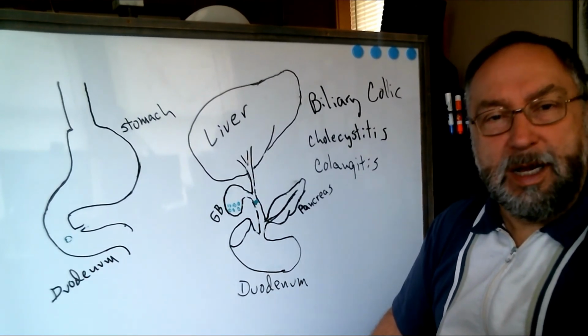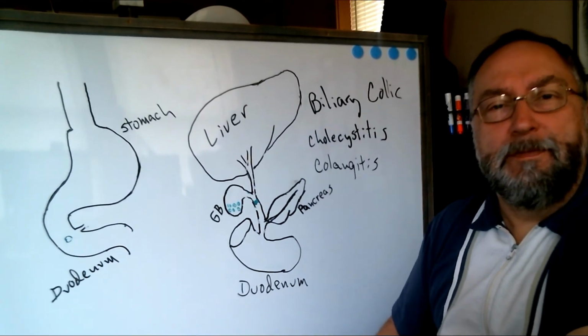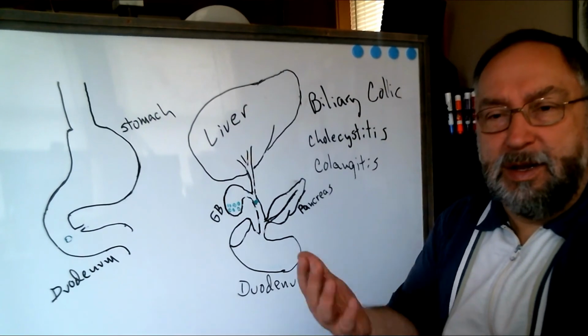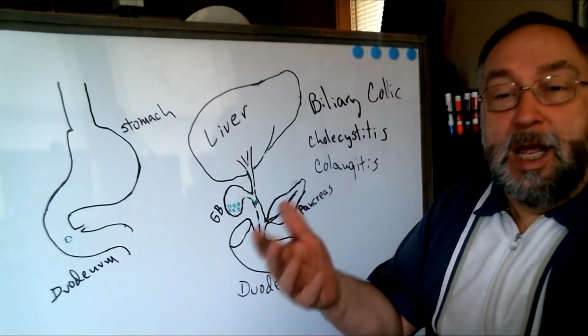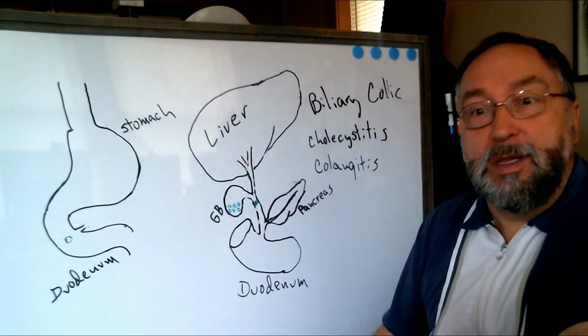A cholecystectomy, surgical removal of the gallbladder. A few incisions are made when they do that, and I don't know where they put them all, like one in here, one down here. But anyway, they got like 3 or 4 incisions, and each one of those incisions has a reason for being there.